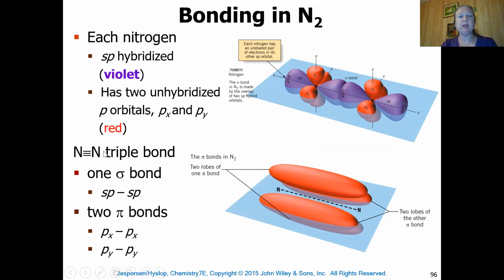The nitrogen on the end, the unshared pair, when you draw the Lewis structure of this, is not involved in anything. So it's just a normal orbital. We're not going to worry about that. Yeah, 1 sigma, sp, sp.